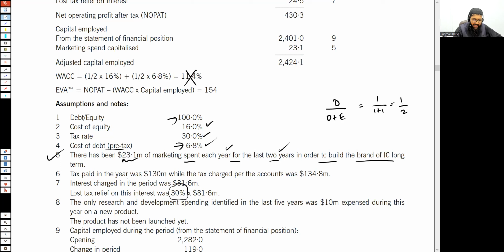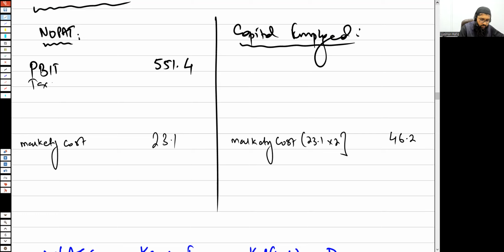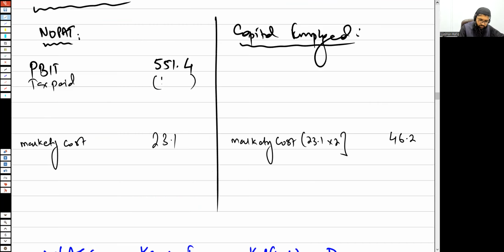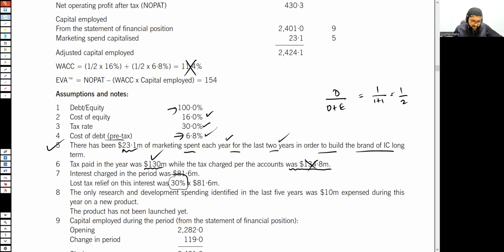Then it says the tax paid in the year was 130 million, while the tax charge per the accounts was 134.8. So the tax paid, you don't have to use this, you have to use this one. Then it says the interest charge in the period was 81.6 million.